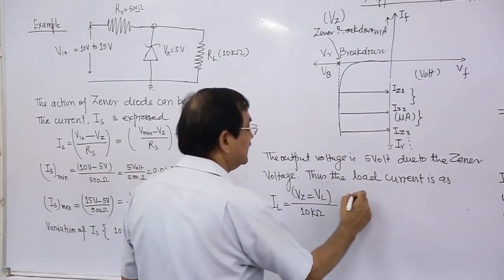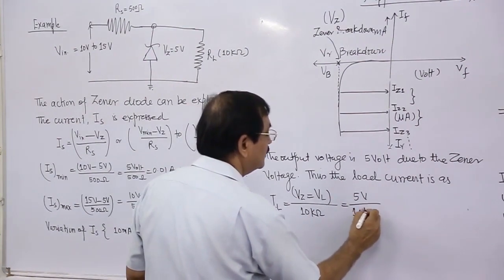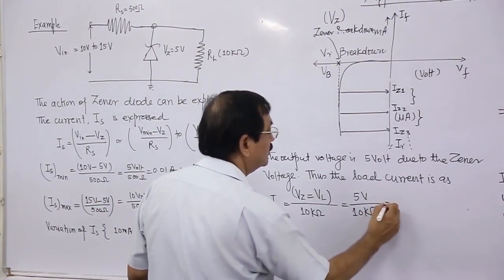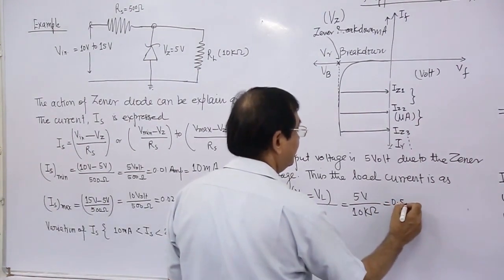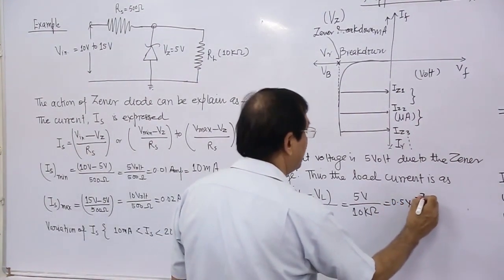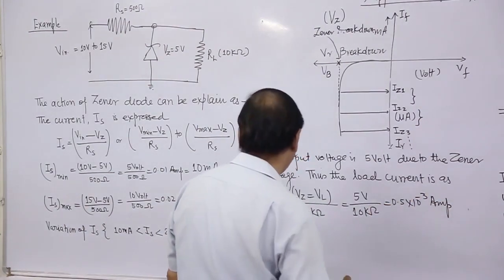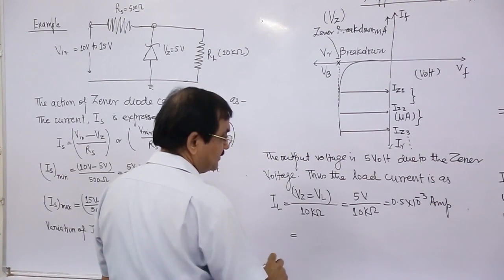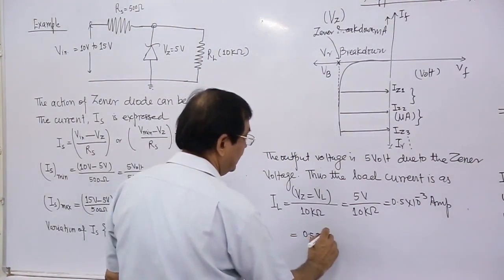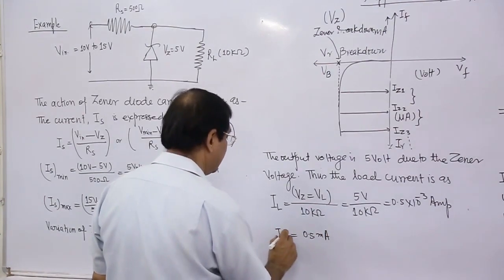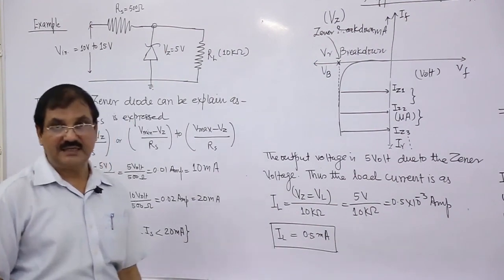So, this is 5 volt upon 10 kilo ohm, which is 0.5 into 10 to the power minus 3 ampere. So, this load current IL is 0.5 milliampere.